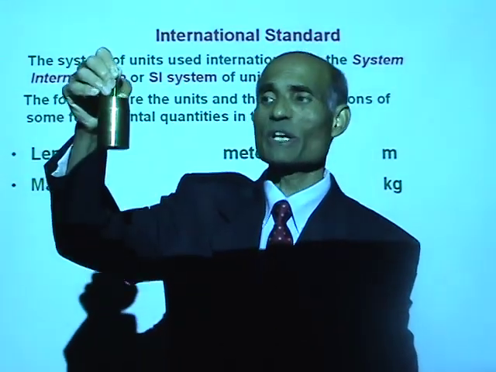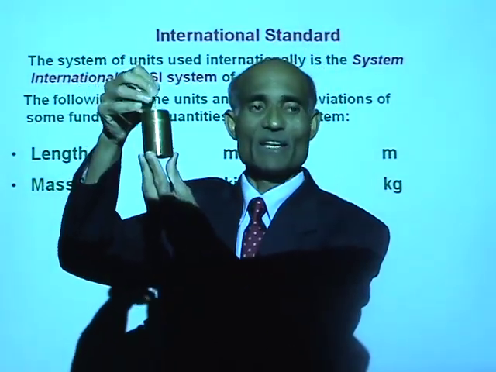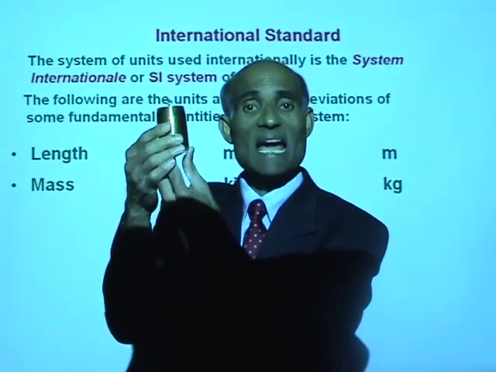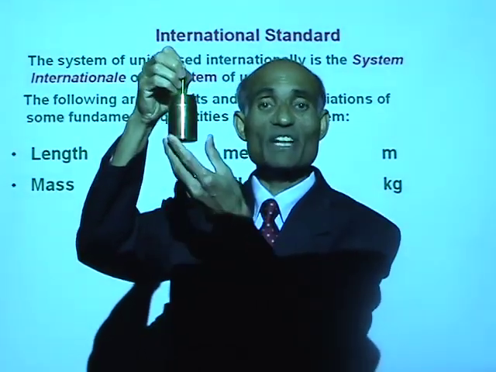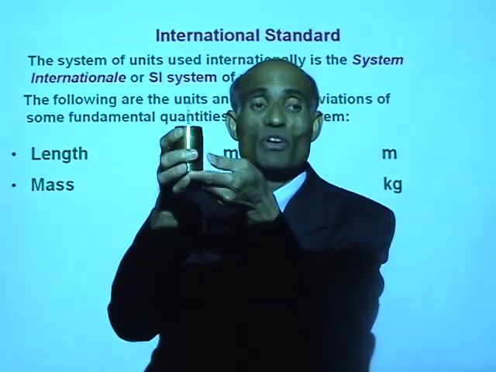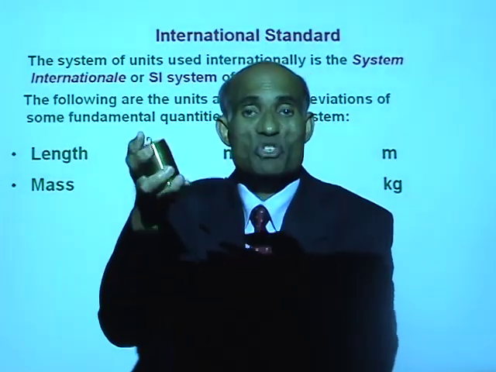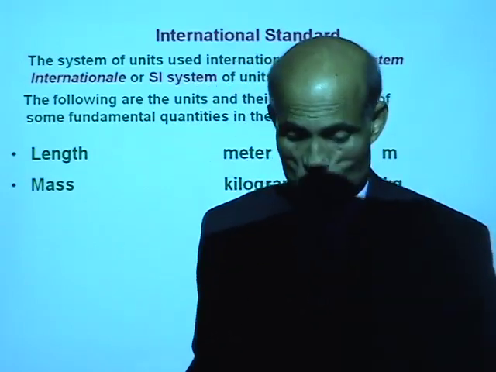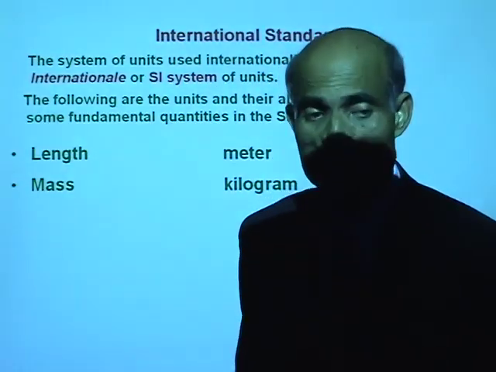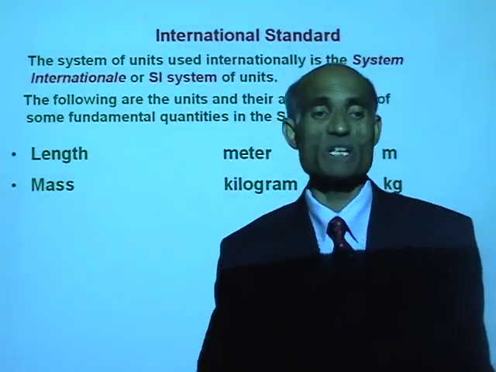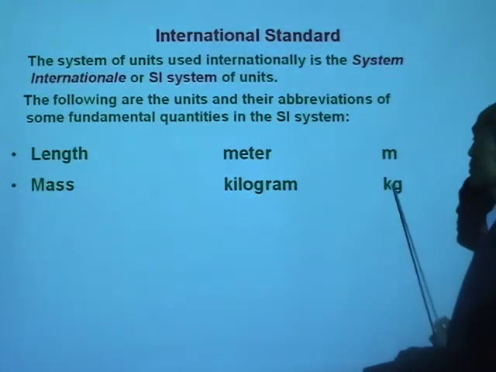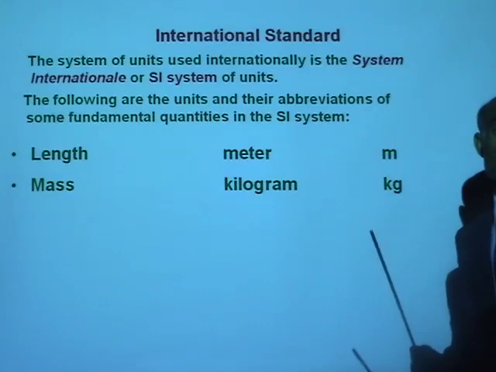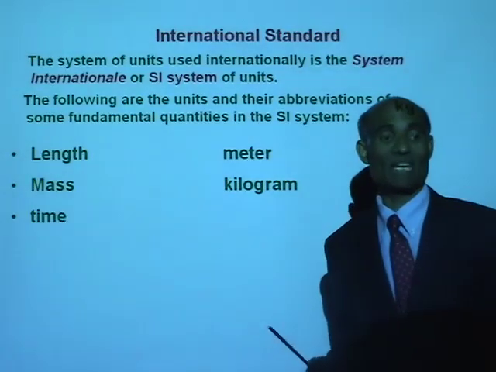I am holding in my hand an object that has a mass of 1 kilogram. This is a standard kilogram. So, you can experience how much is a kilogram. So, mass is a fundamental quantity. Its unit is a kilogram. And we use lowercase kg to represent a kilogram.